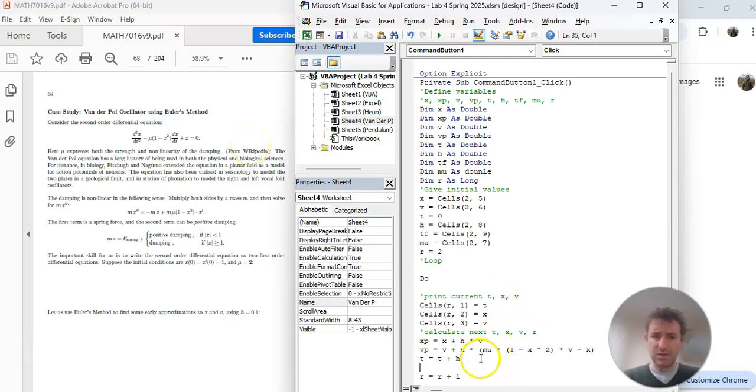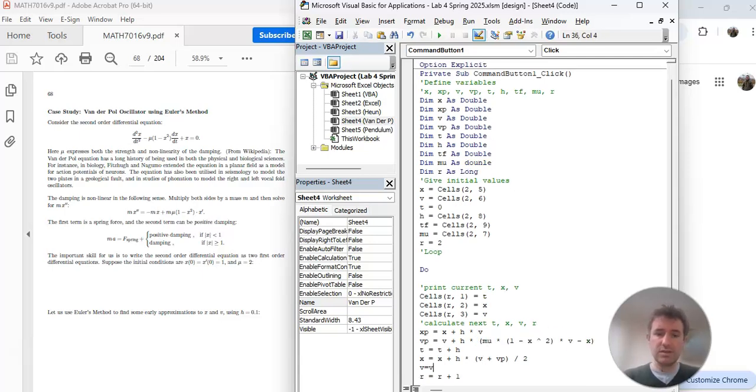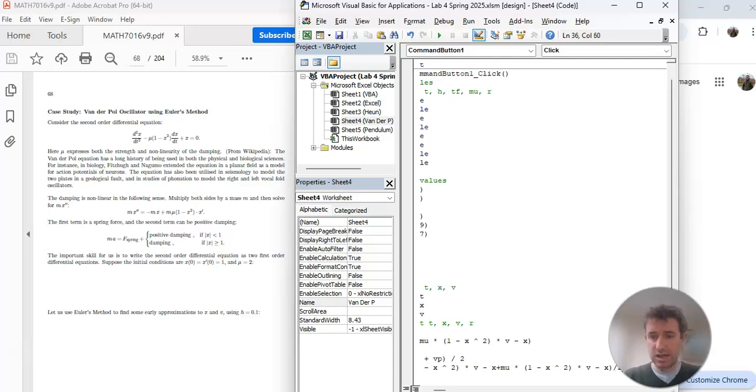Okay, so now we have to do the next x using Heun's method, equal to previous plus step size times the slope of x, which is v. So previous plus predicted, divided by 2. And now we're going to have two of these slopes for Heun's method for v. So v is equal to v plus step size times previous plus predicted next, average them out.